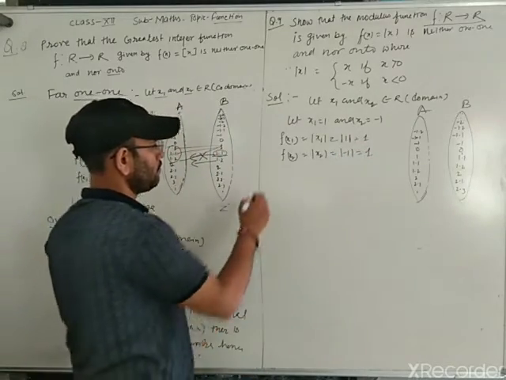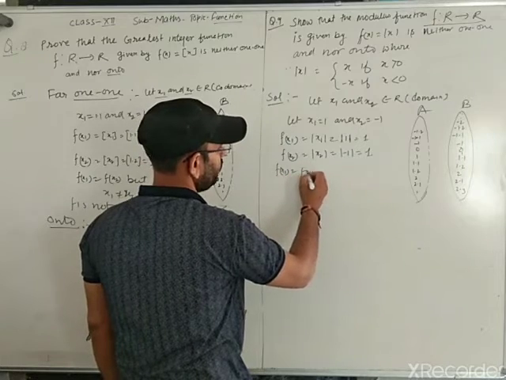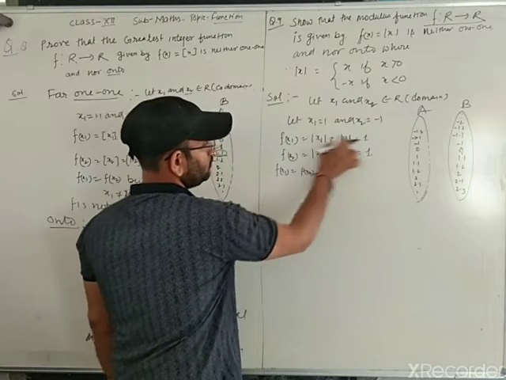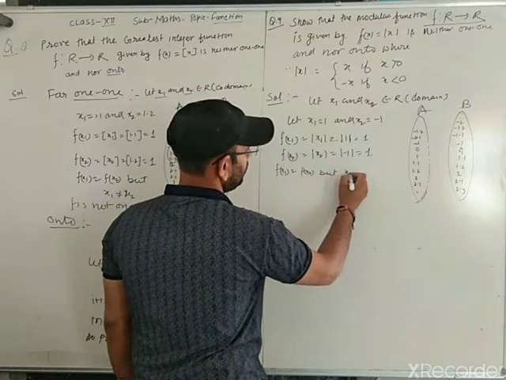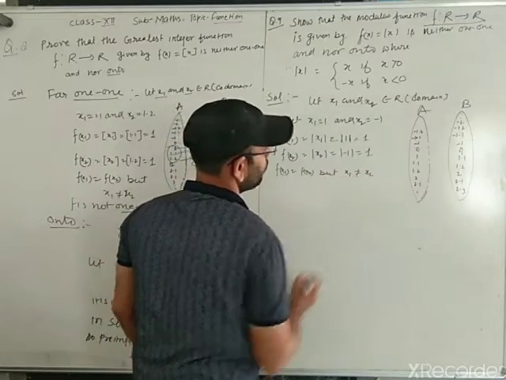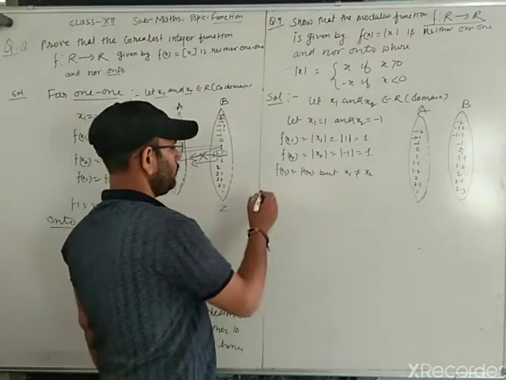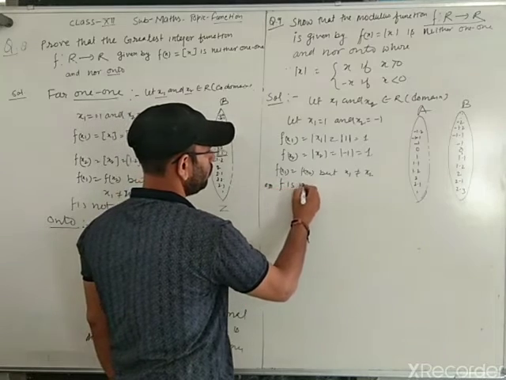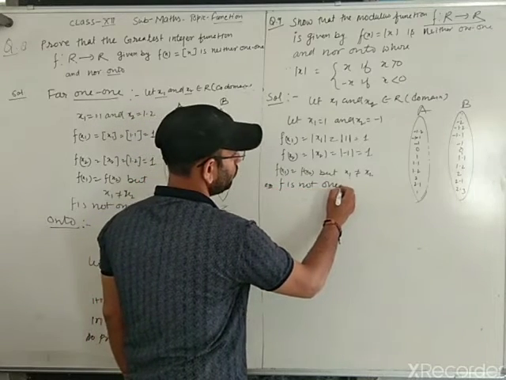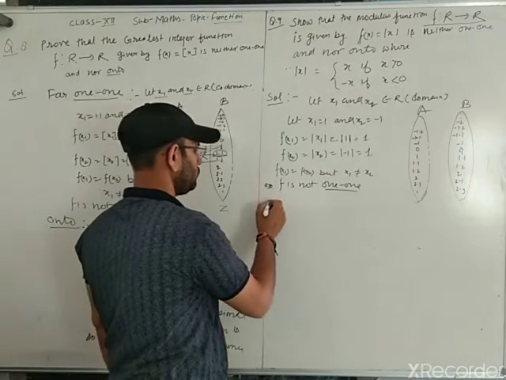So overall f(x1) is equal to f(x2), because f(x1) is 1 and f(x2) is 1, but x1 is not equal to x2. So we can conclude that f is not one-one.